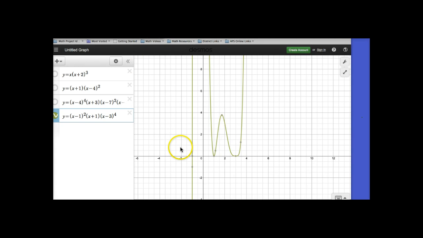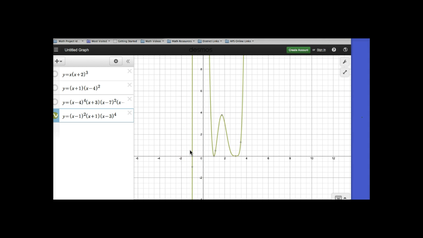Hopefully if you look at this pattern, if you have an even multiplicity, so the factor x minus 1 is raised to an even power, the second, and the factor x minus 3 is also raised to an even power, the 4th, then at these zeros or roots at 1 and 3, the graph touches and then goes back up. If we have an odd multiplicity, like x plus 1 to the 1 power, so our zero at -1, the graph actually passes through that zero.